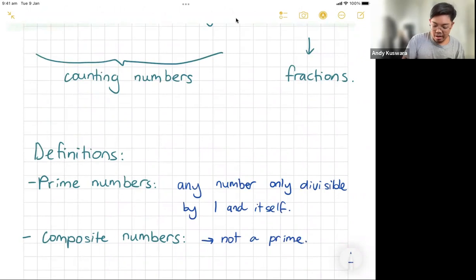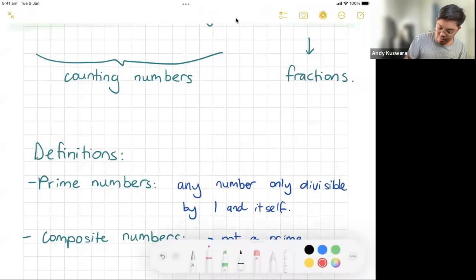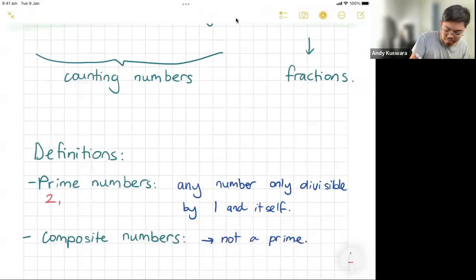For example, some examples of prime numbers are 2, 3, 5, 7, 11. All these numbers can only be divided by 1 and itself to give no remainders.